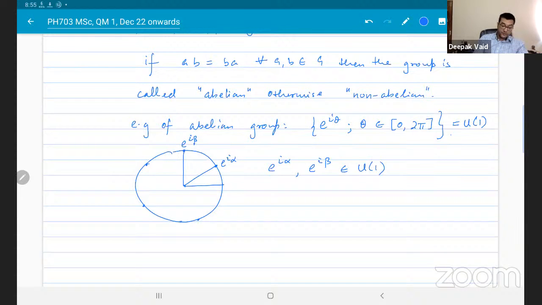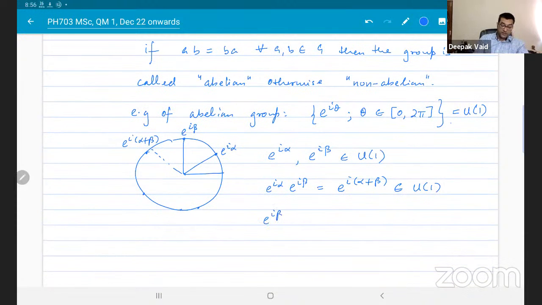Now, if I multiply these two, what do I get? e to the i alpha times e to the i beta is equal to e to the i (alpha plus beta), right? So e to the i (alpha plus beta) will give me something like this. The point is that this will give me another point on the circle.